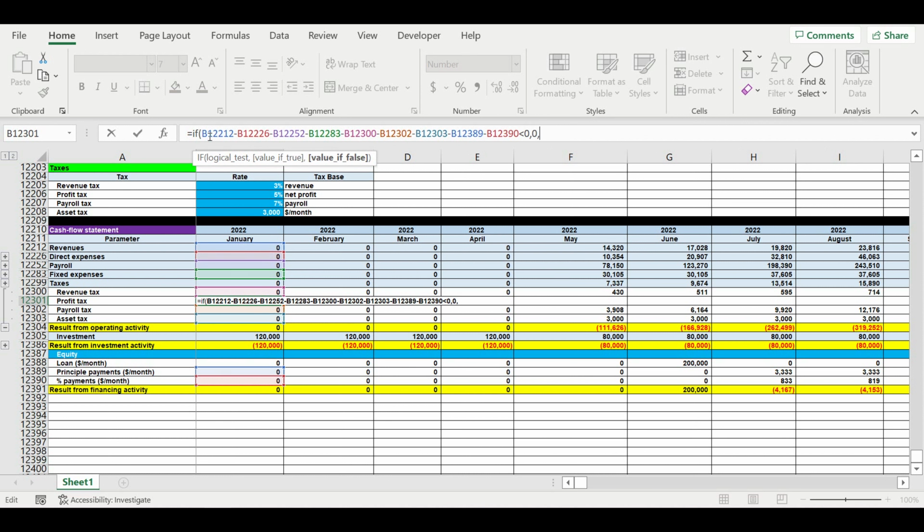Otherwise we take this story multiplied by the tax rate, profit tax 5%.